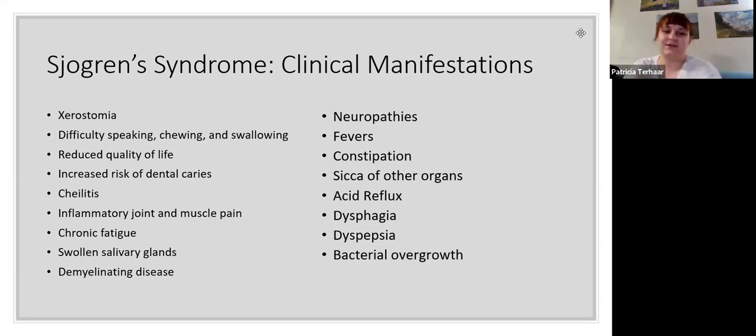Cheilitis, inflammatory joint and muscle pain, chronic fatigue, swollen salivary glands. There are neuropathies, fevers, constipation, xerosis of other organs that are saliva or mucus producing, acid reflux, dysphagia, dyspepsia, and bacterial overgrowth.